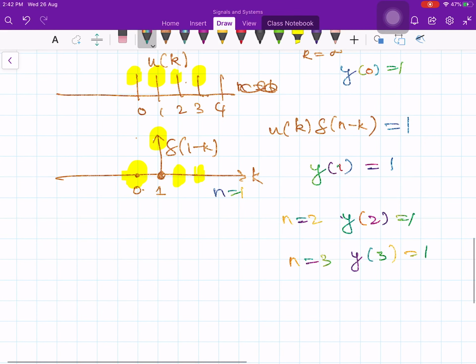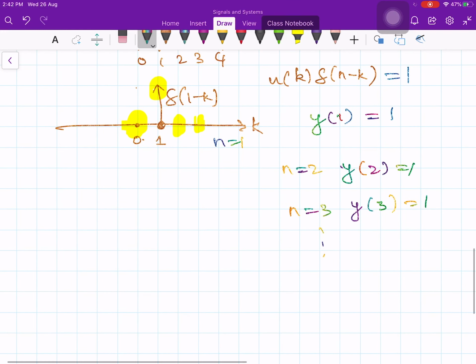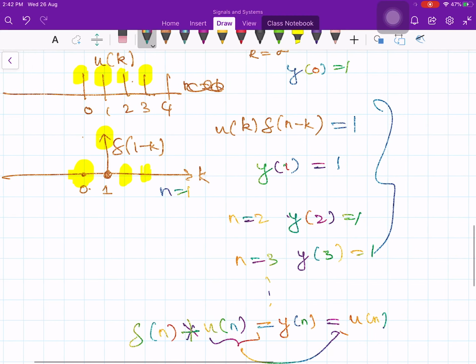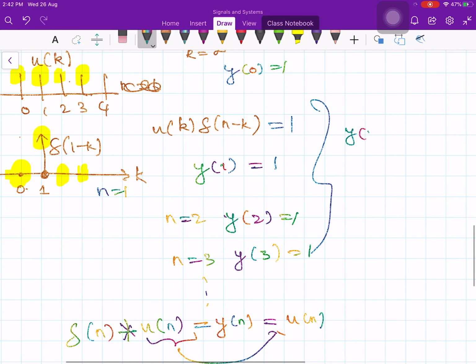So finally what you can say is delta n convolved with u of n is equal to y of n. This y of n is the same as the input u of n, no change. Why? Because y of n is equal to 1 for n greater than or equal to 0 and 0 elsewhere.